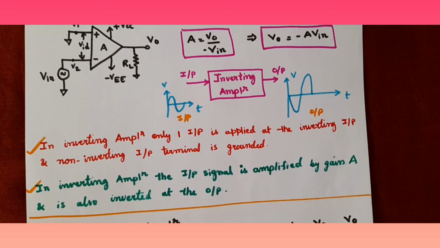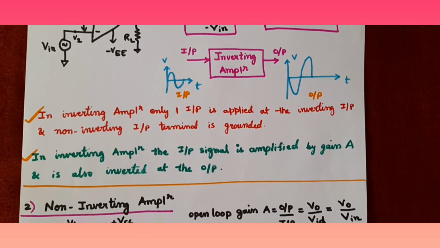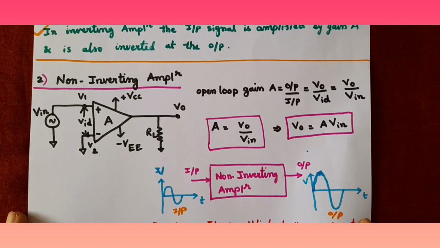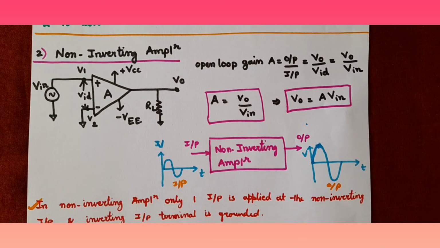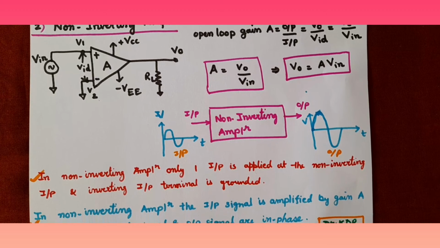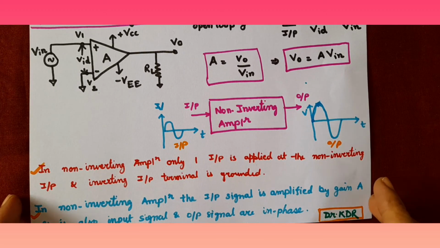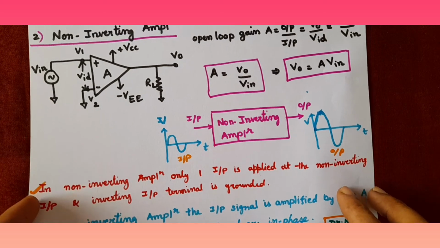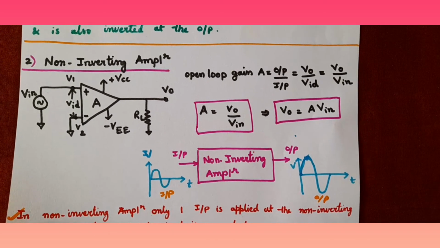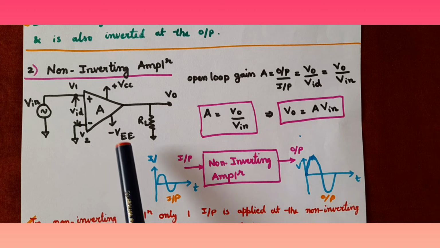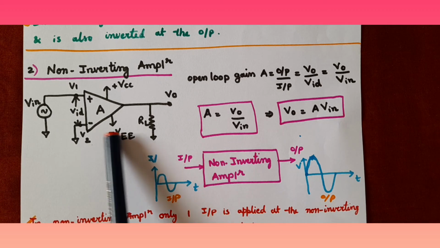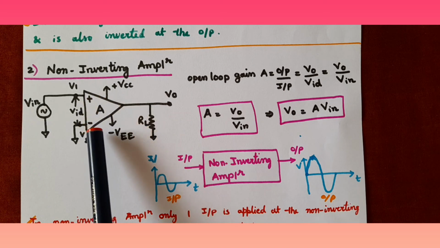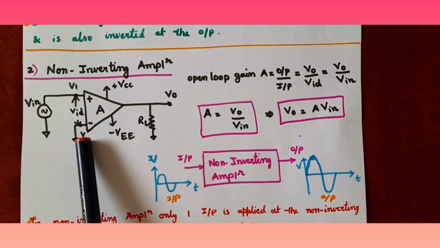Now coming to the summary of a non-inverting amplifier. This is a non-inverting amplifier because input is connected to the plus or non-inverting terminal of the op-amp and the inverting terminal is connected to the ground.